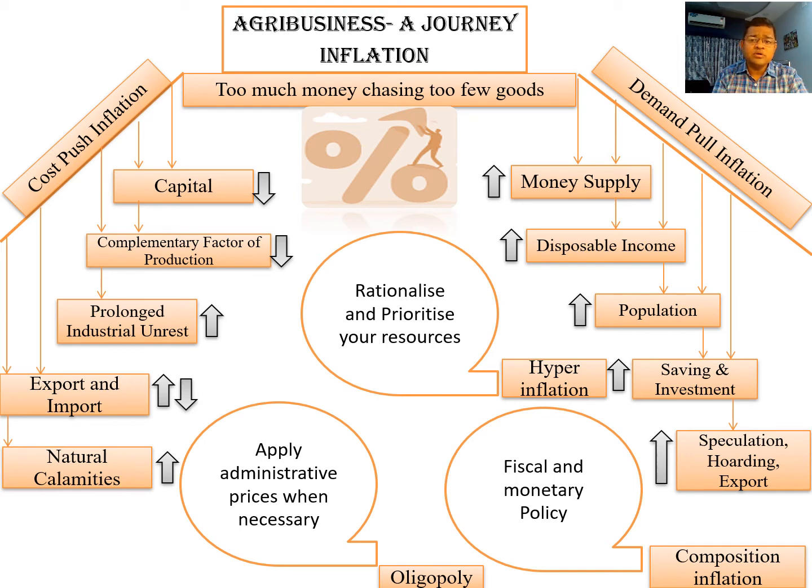Let's describe demand pull inflation. Demand pull inflation has been categorized into different points. One important point is the increase in the money supply. If the government is thinking about the growth of a particular country, or the growth cycle is at its expansion stage, then more and more money will come to the market.